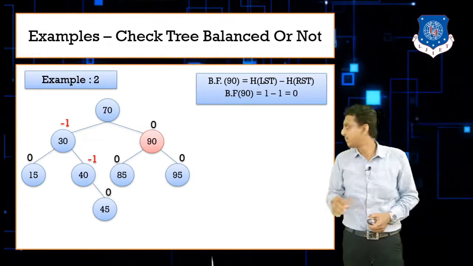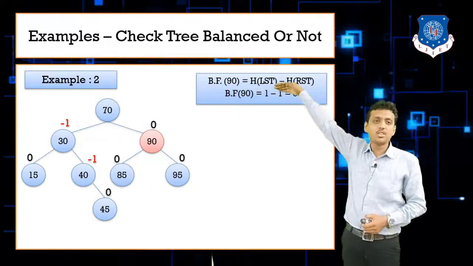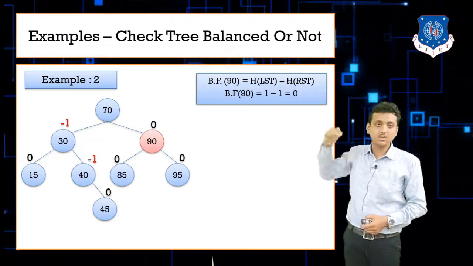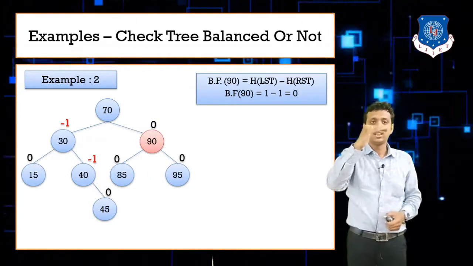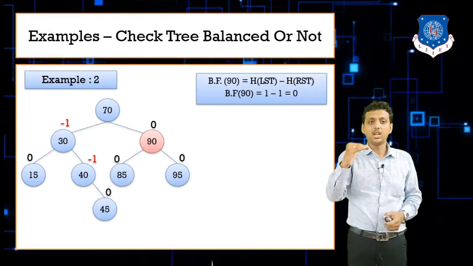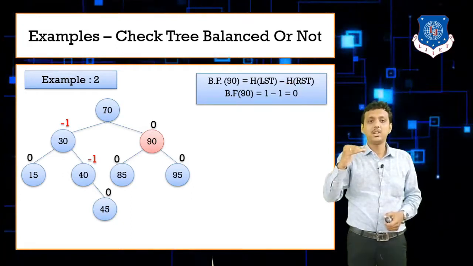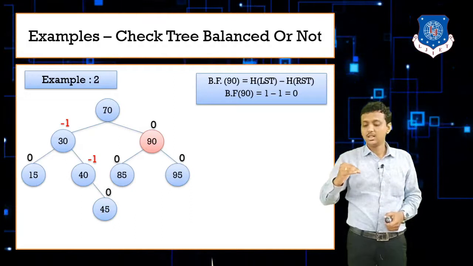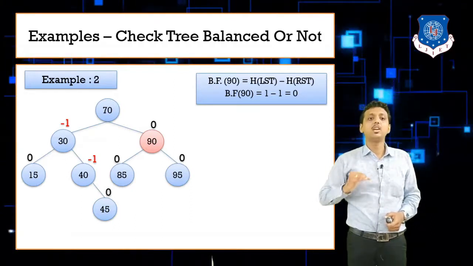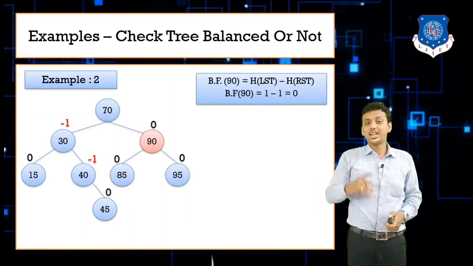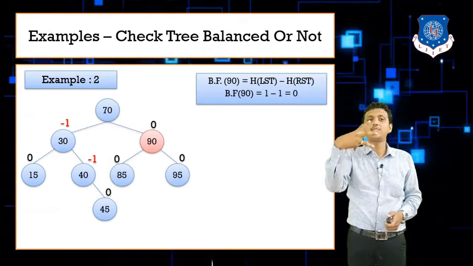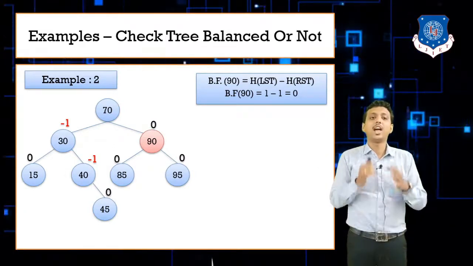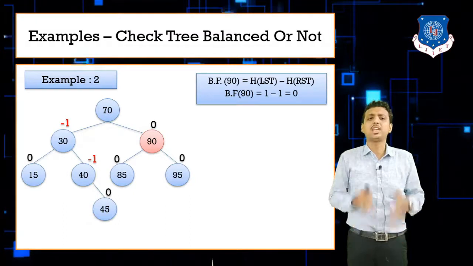Students, let me calculate first. For node 70, in the left subtree we have 30 at one level, and at the next level we have 15 and 40, and at the next level we have 45. So there are three levels for the left subtree, that's why the height of the left subtree for node 70 is 3.